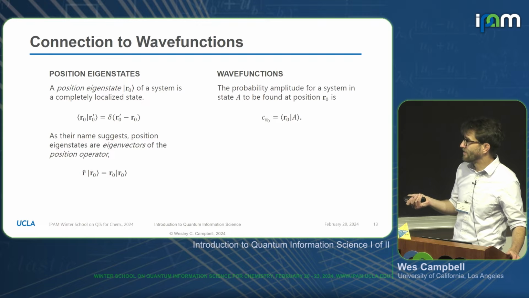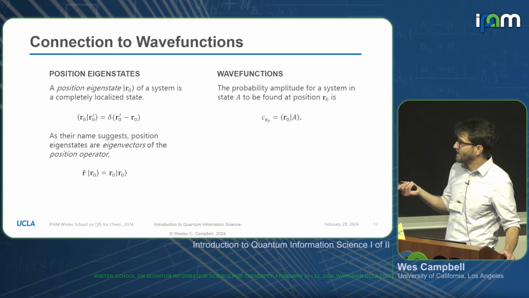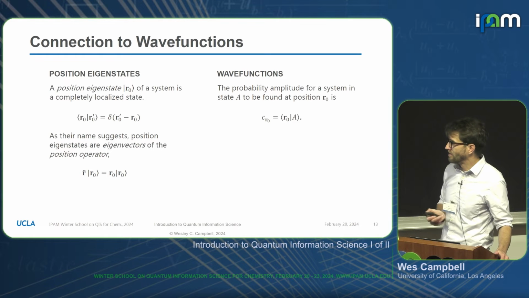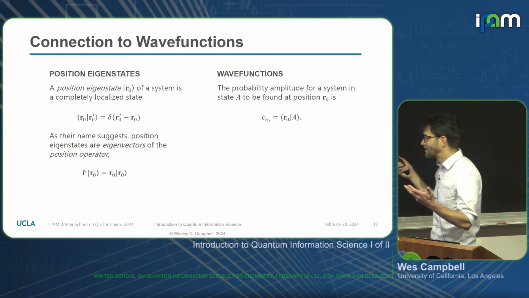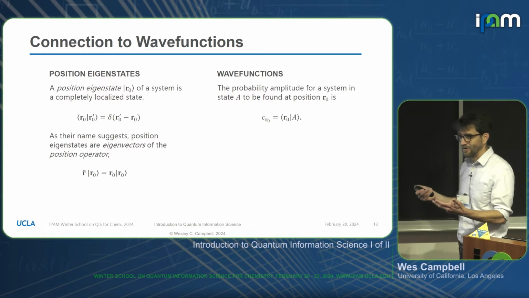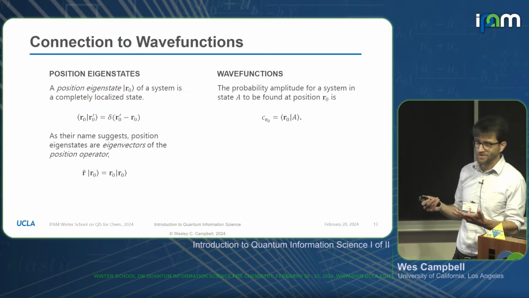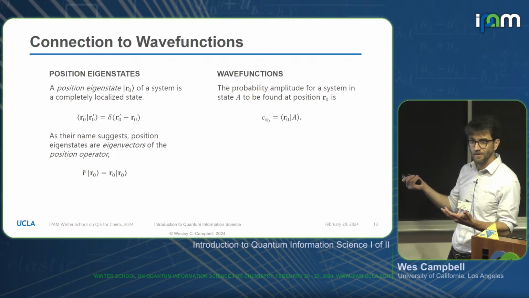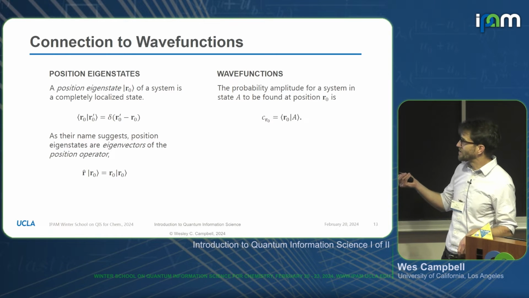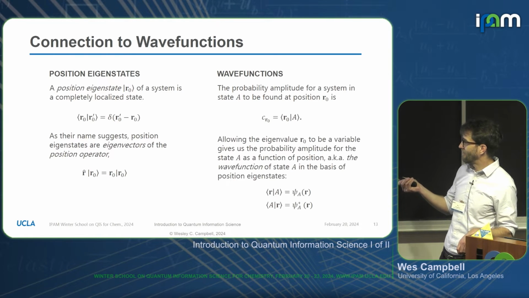To get to wave functions, we think about the inner product of some state vector A with the position eigenstate at R0. How much of the state vector A corresponds to the particle being at position R0? That's what that means. Now to turn this into a wave function, I just make it a function.